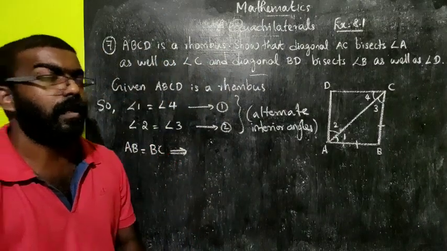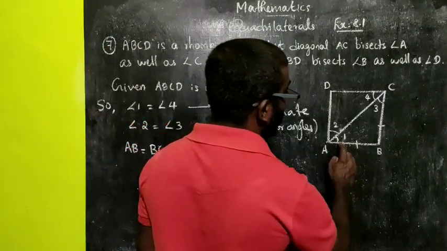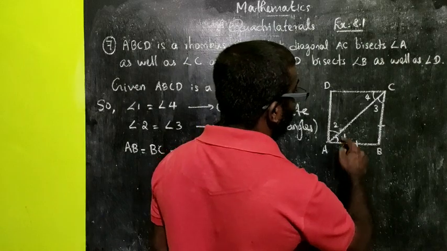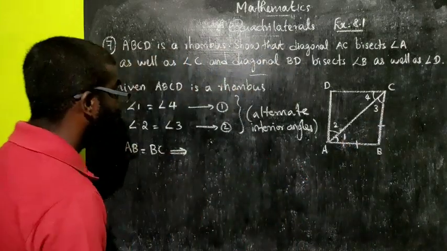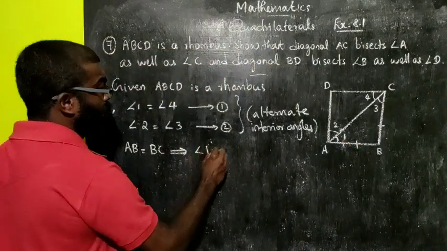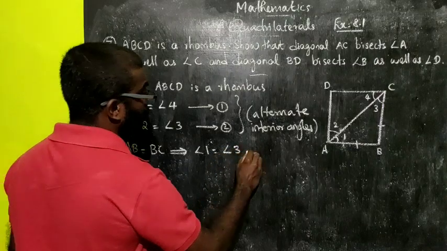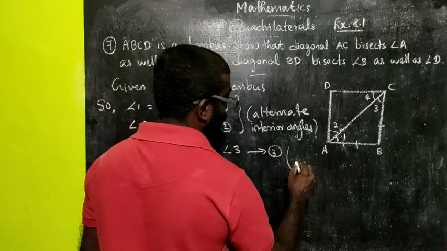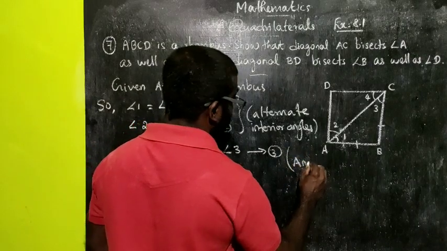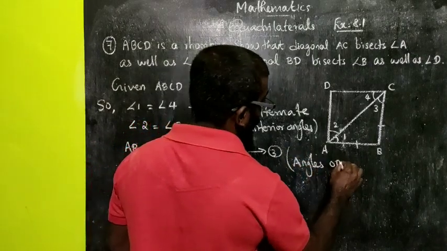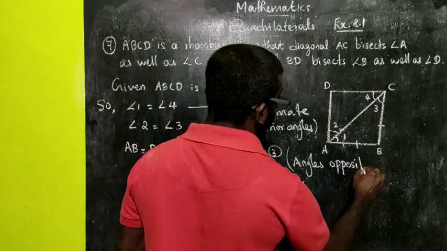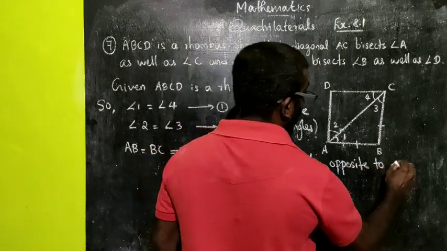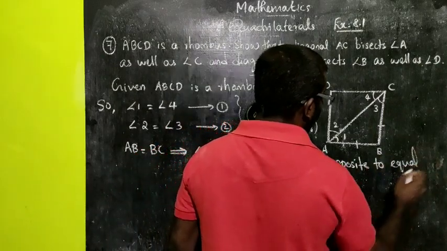So what we can say? Angles opposite to equal sides are equal. So angle 1 will be equal to angle 3. Angle 1 is equal to angle 3. We can take it as equation number 3. And we can write the reason. Angles opposite to equal sides are equal.